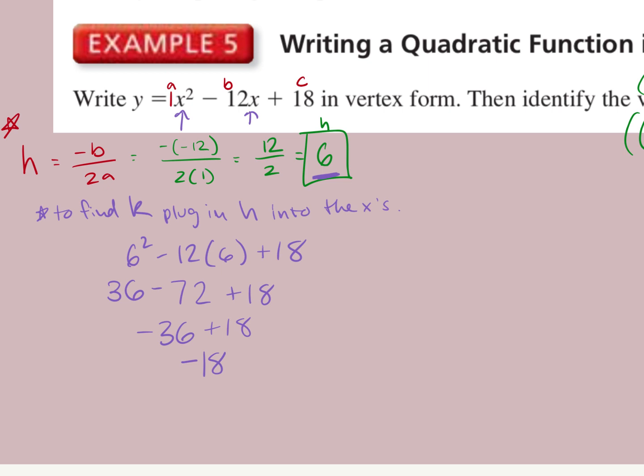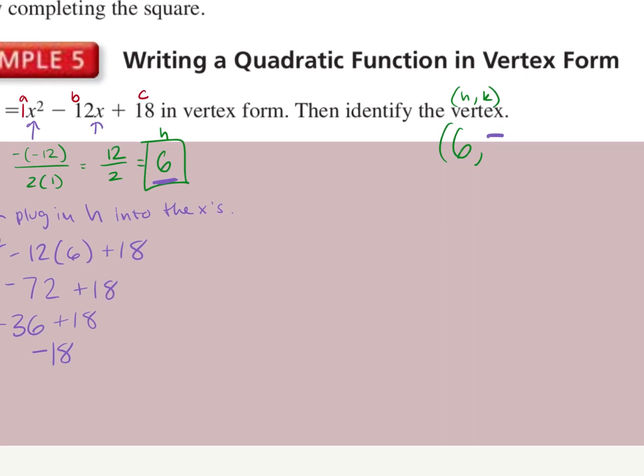Negative 18. So the k in our vertex is negative 18. So this is our vertex.